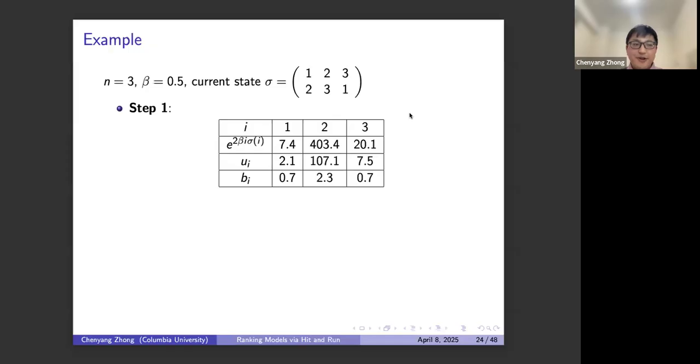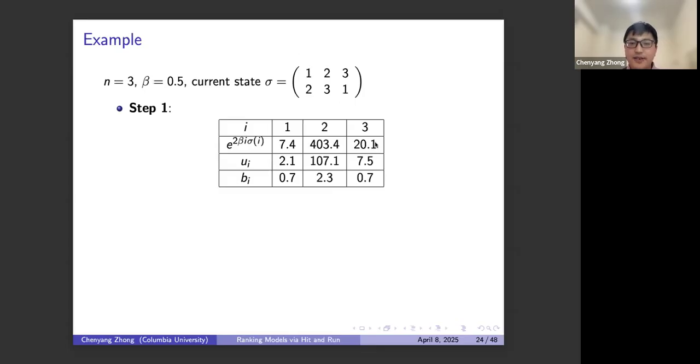Okay, and here is a concrete example. So if beta is equal to 0.5 and n is equal to 3, suppose that this is the current permutation. This means that sigma 1 is 2, sigma 2 is 3, sigma 3 is 1. So based on this current permutation, we can determine the endpoints of the interval for drawing the U_i's.